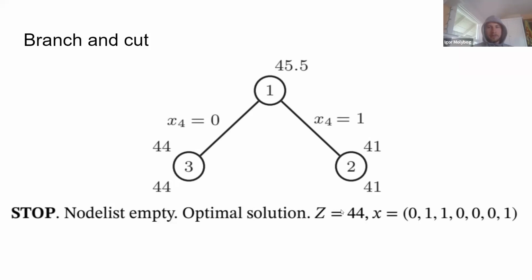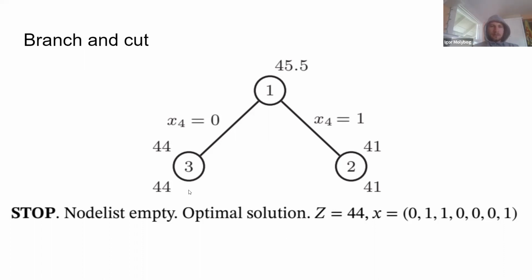But at this point, we can take a look at the branching tree and notice that our node list is empty. Our optimal solution z is equal to 44, and we have a corresponding value for the solution vector. So basically, the solution has been located in the set corresponding to node number 3.